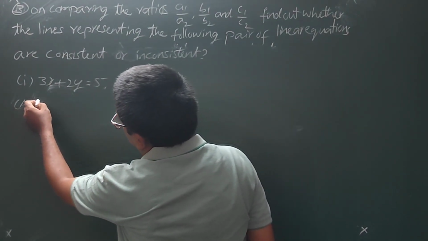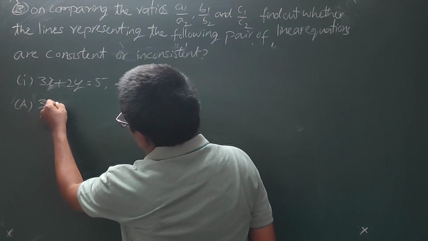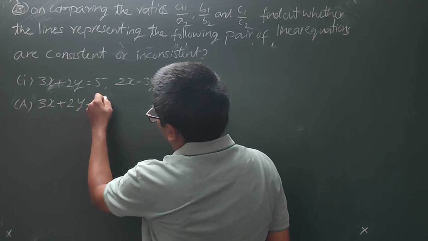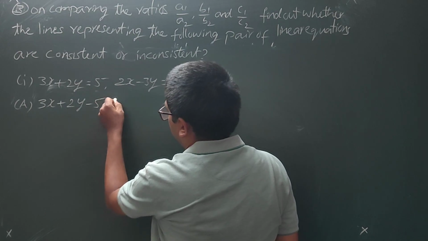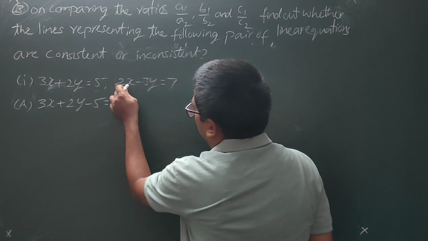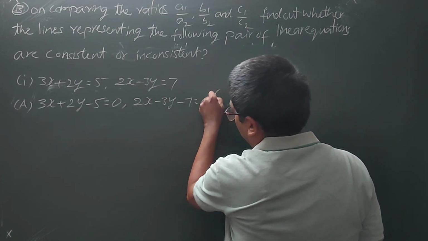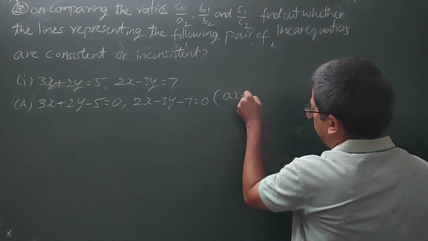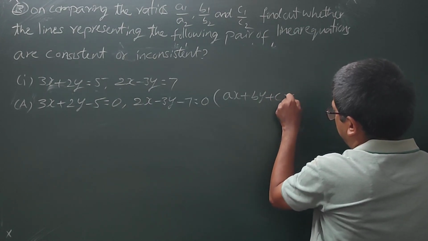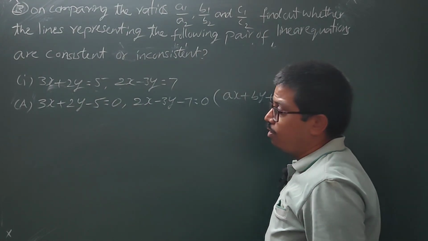So for that let us write like this. 3x plus 2y, I am moving 5 to the left side, so minus 5 equal to 0. Next this one, 2x minus 3y minus 7 equal to 0. We are converting into standard form.